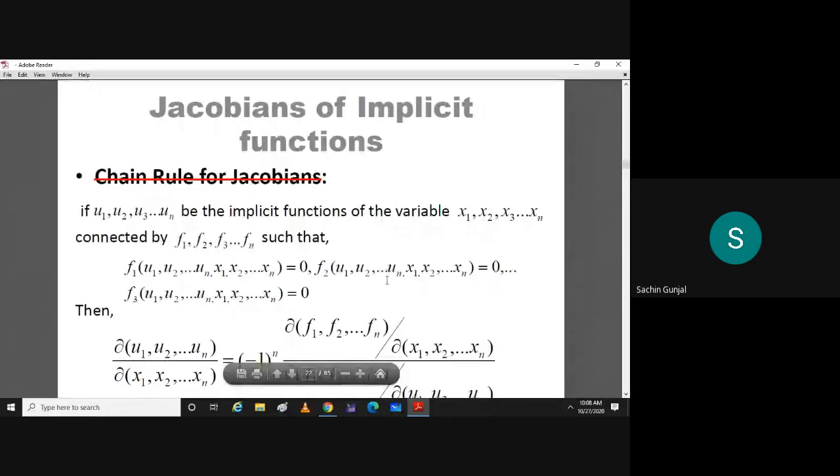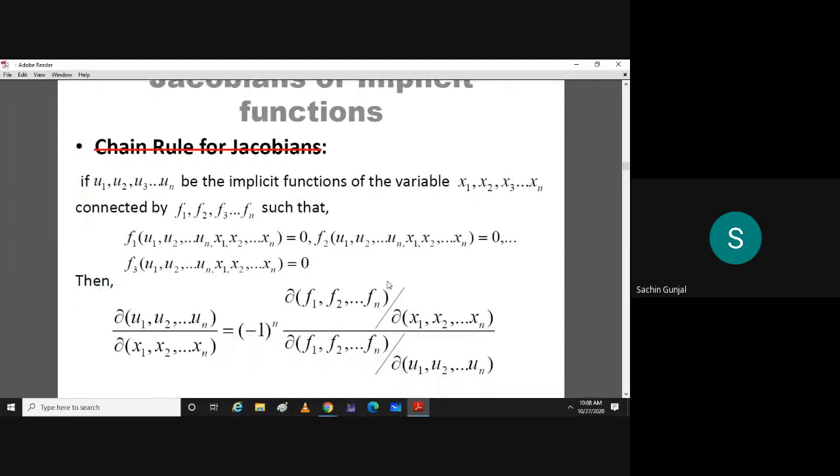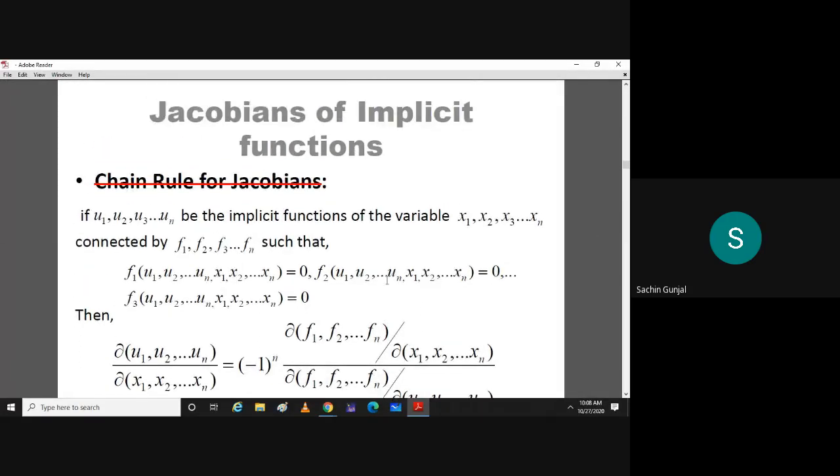Fine. So next is the Jacobian of implicit function. This title is by mistake, it says chain rule for Jacobian, but this is actually the Jacobian of implicit function.